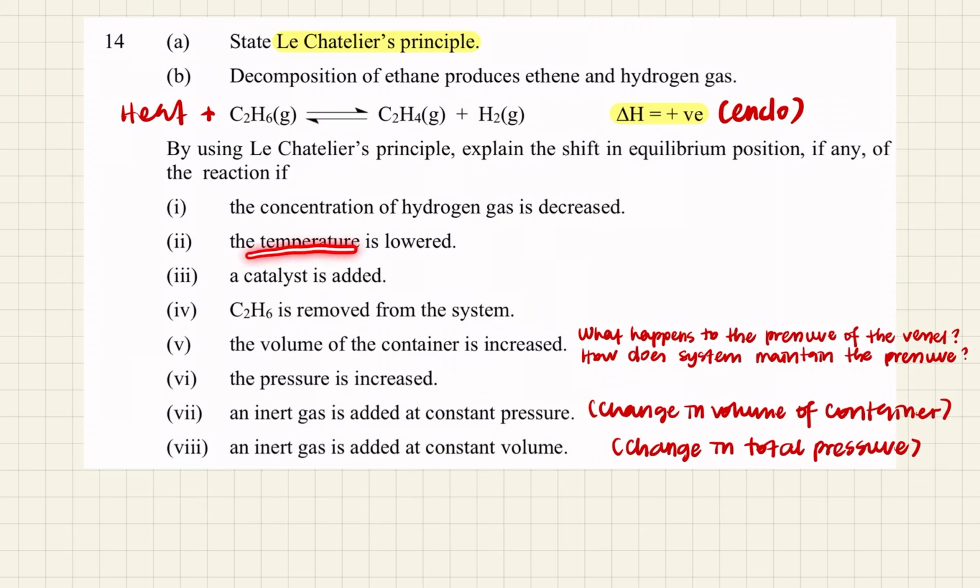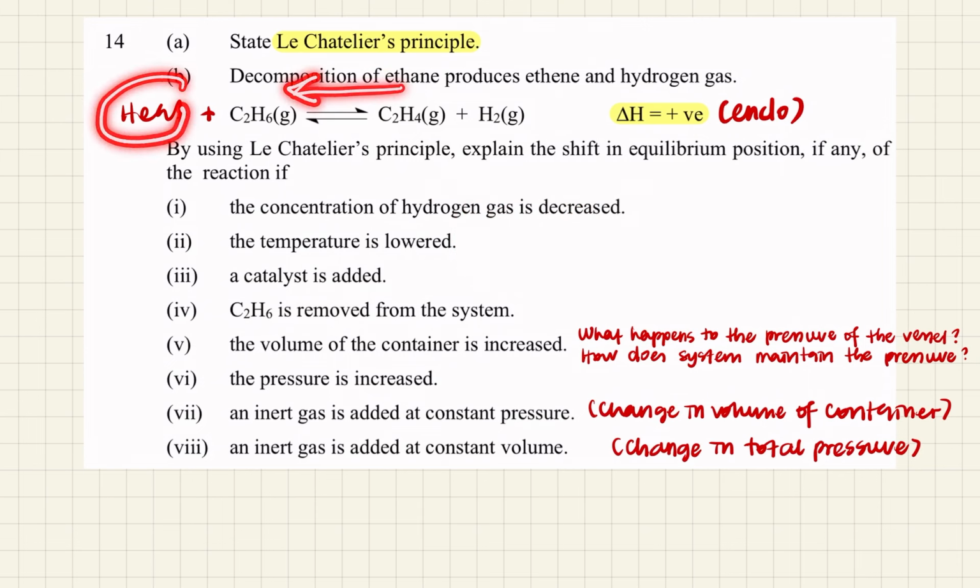Next, if the temperature is lowered, so kalau temperature is lowered, then your system will try to increase the temperature again. So, which side will produce heat? Kita akan produce heat when we shift to the left.